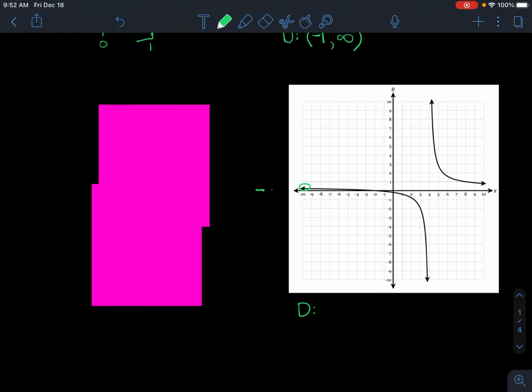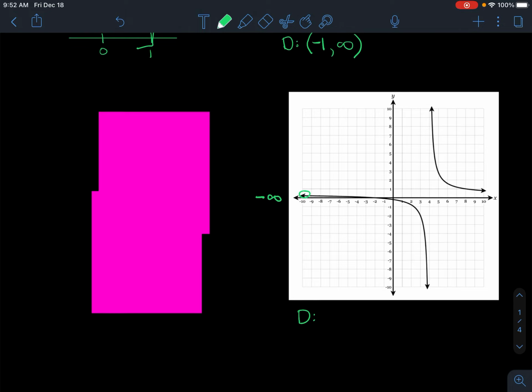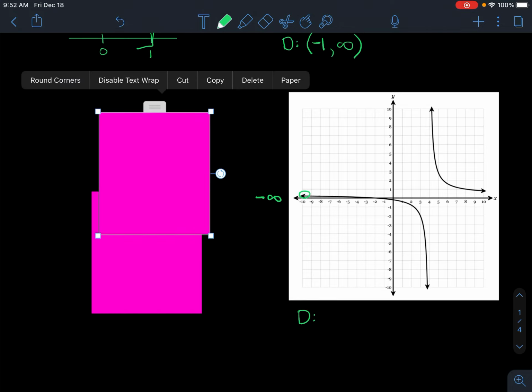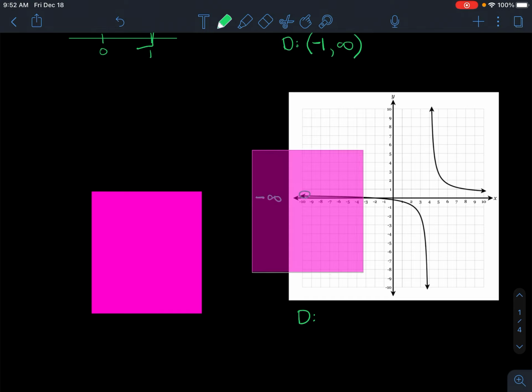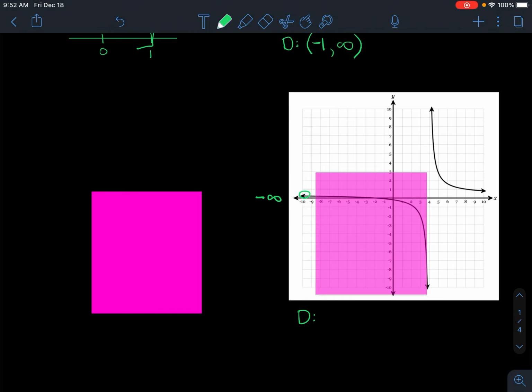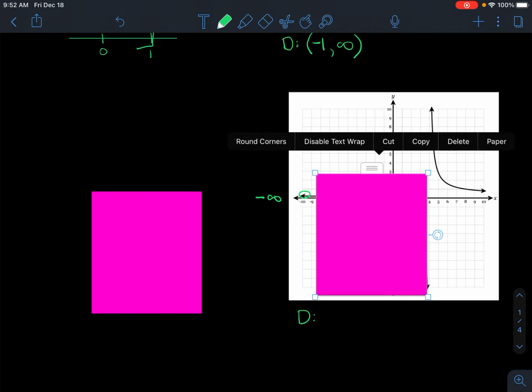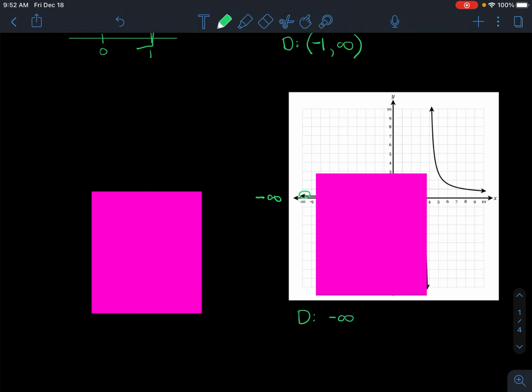So to the left over here is -infinity, okay? So my graph is going to start at -infinity, and then it's going to go until it reaches this point here, okay, which that number is 4. So my first interval is going to be from -infinity to 4. Now I have a curved bracket around the infinity, and if you look, my graph never actually touches 4, so it's a curved bracket as well, okay?